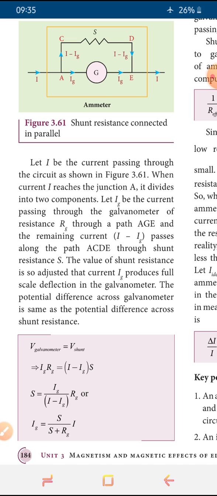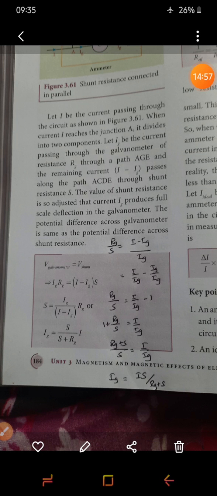Then we write Ig Rg is equal to (I minus Ig) S. Finding S, Ig by I minus Ig of Rg, or we can find Ig is equal to S by S plus Rg into I. This step we can derive by the following method.